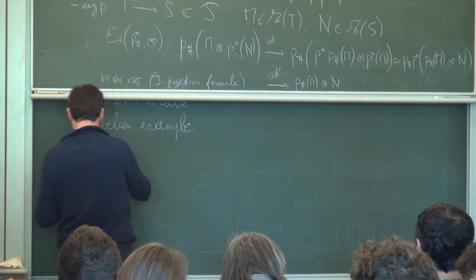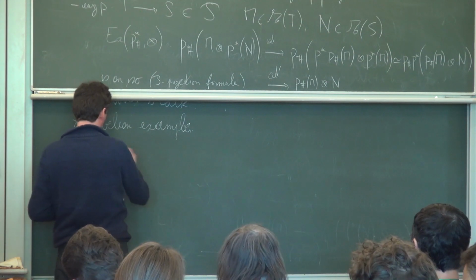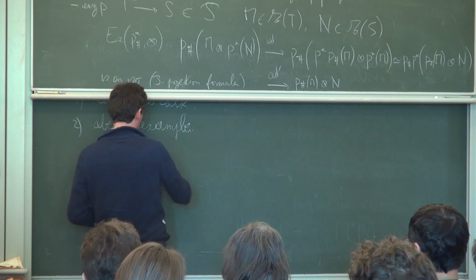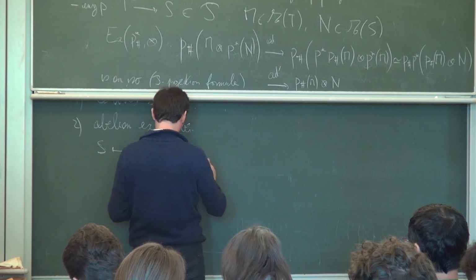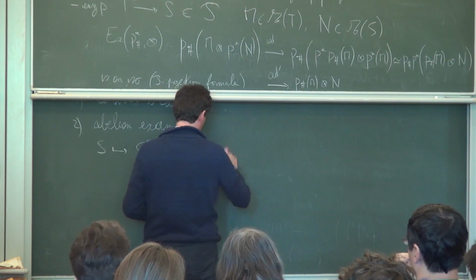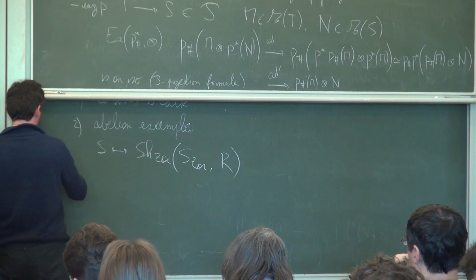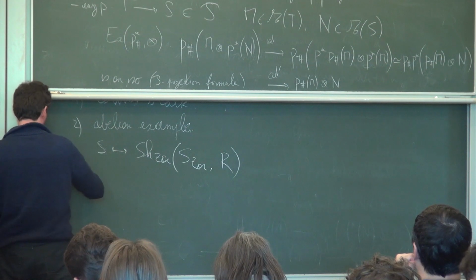You look at some category of sheaves. So first you can look at the pseudo-functors with S maps to a category of Zariski sheaves on the Zariski site of S with coefficient in any ring R. R is any commutative ring.